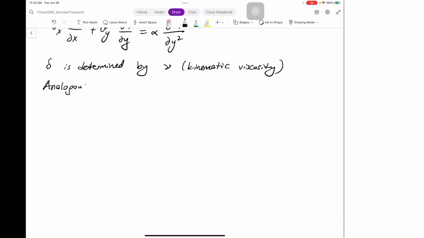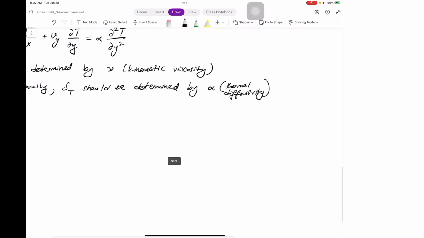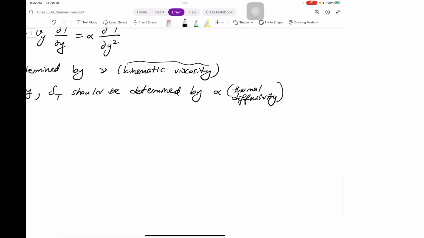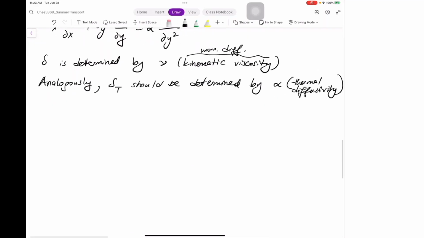Analogously, now delta_T should be determined by alpha, the thermal diffusivity. This is also another type of diffusivity. This is the momentum diffusivity, so nu is momentum diffusivity, alpha is thermal diffusivity. They are analogous to one another.